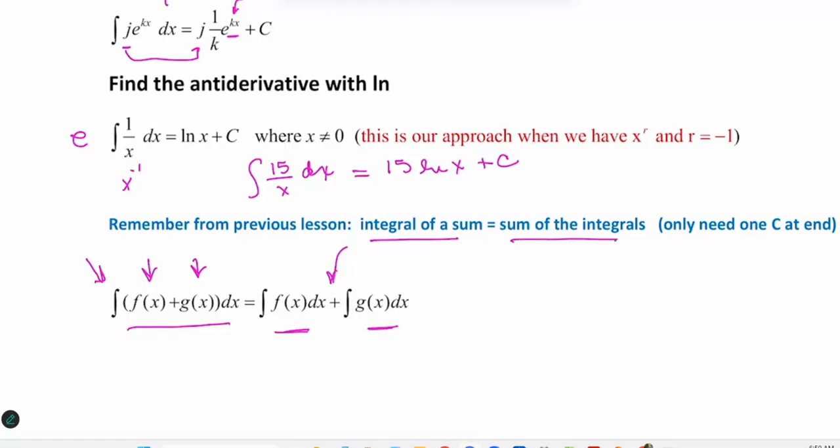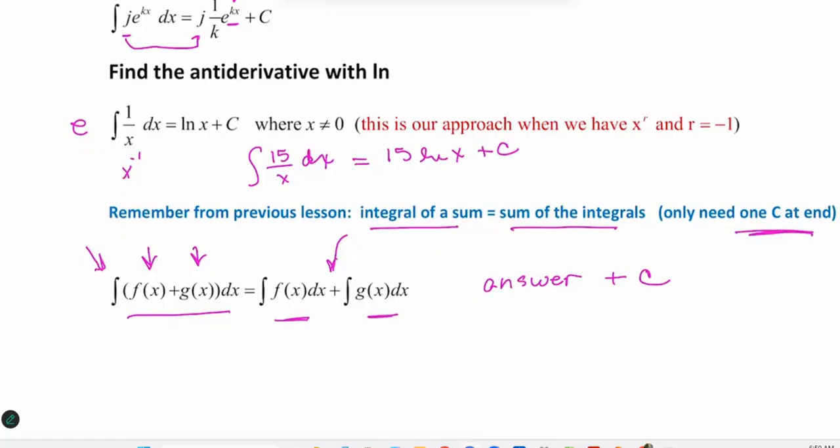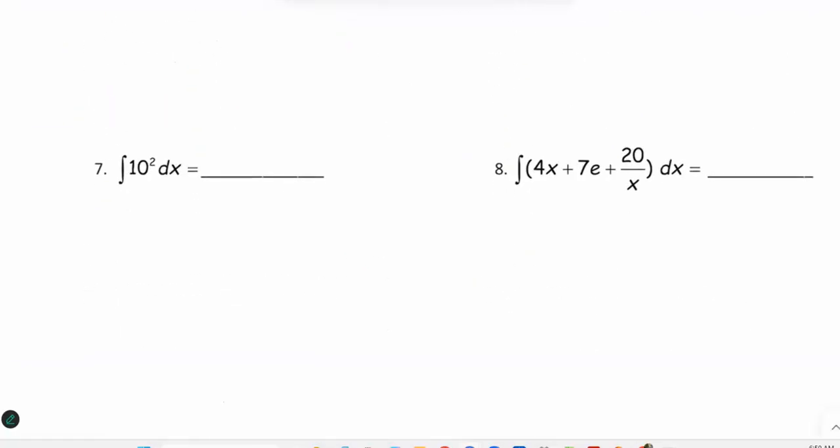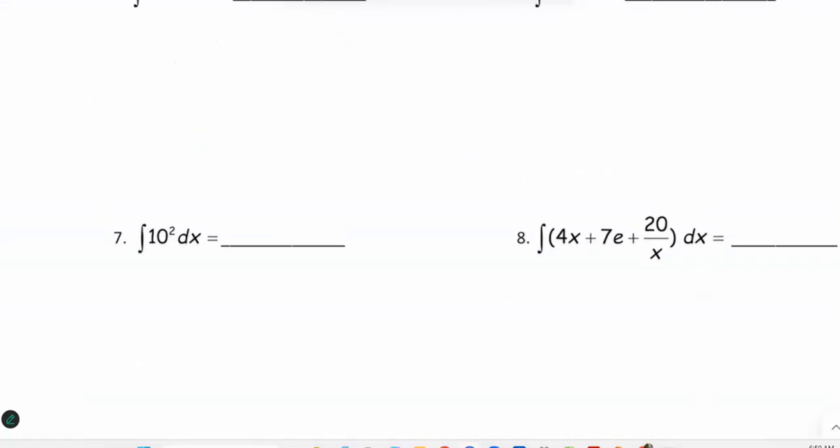If that's the case, after you get the answer, you only need to add 1 c at the end. You don't need a series of c's for every integral that you're taking the antiderivative of. Okay, so that's good. All right, so now we're going to do some practice here.